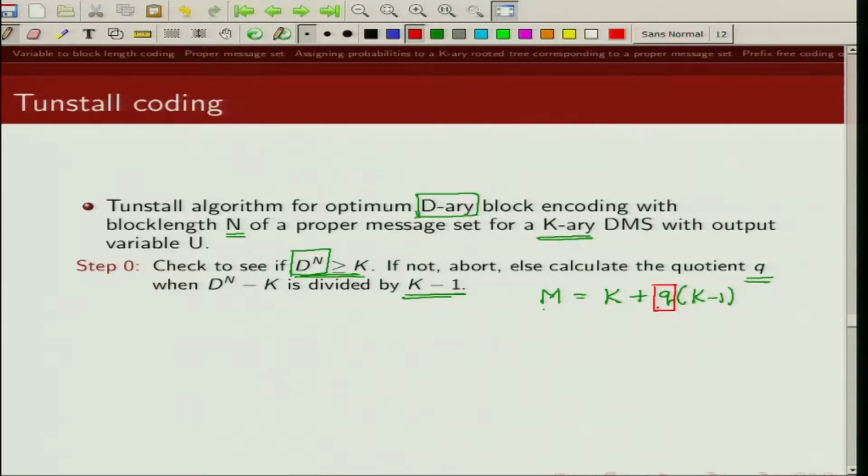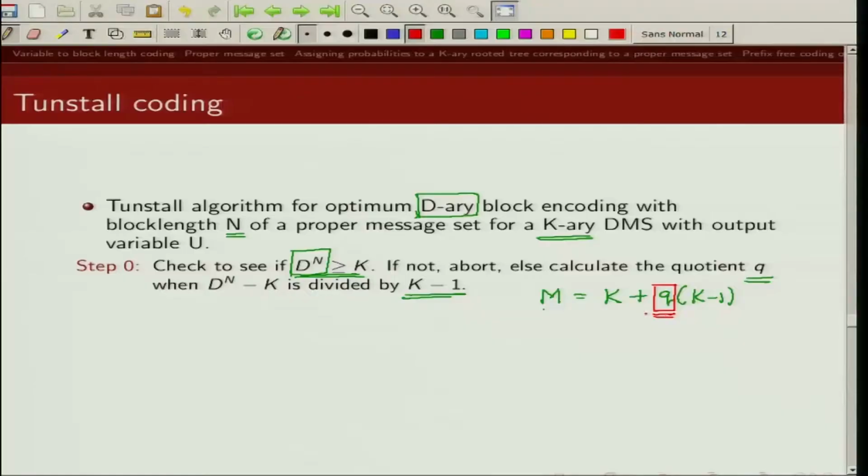Why do we need this q? Because we need to know how many extensions of this proper message set we have to do, and so what's the total number of messages that we need to create. We find this out by dividing D raised to power n minus K by K minus 1 and finding the quotient. That would give us this q.